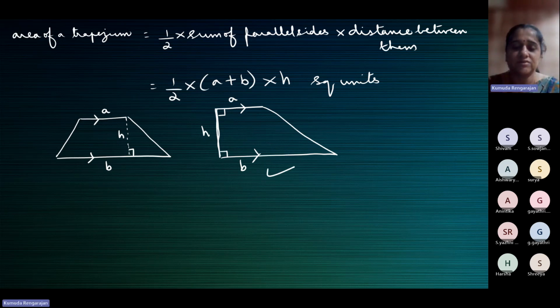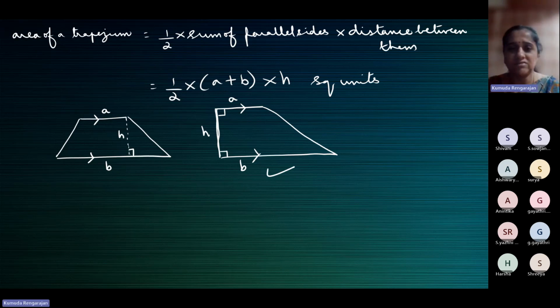It has 4 sides. And why is it called a trapezium? Because one pair of opposite sides are parallel. In a quadrilateral, when one pair of opposite sides are parallel, it's a trapezium. And the formula to find the area of a trapezium is half into sum of the parallel sides into distance between the parallel sides.